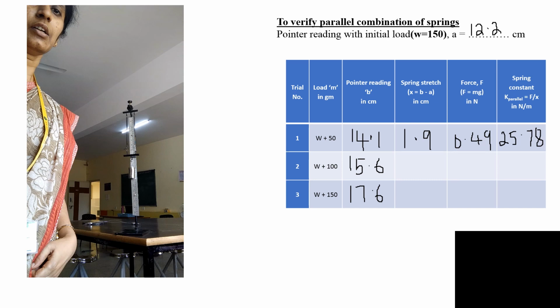15.6 minus 12.2 is 3.4, and the force is 0.98. It comes out to be 28.82.